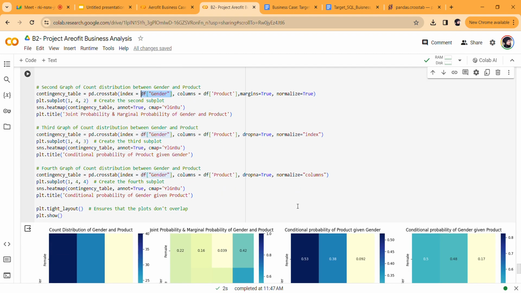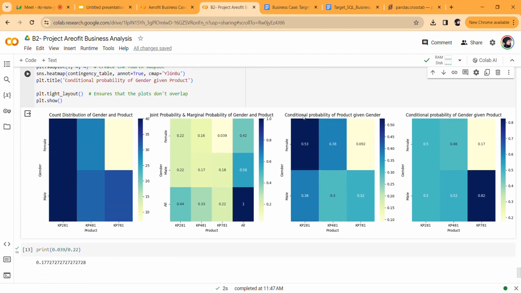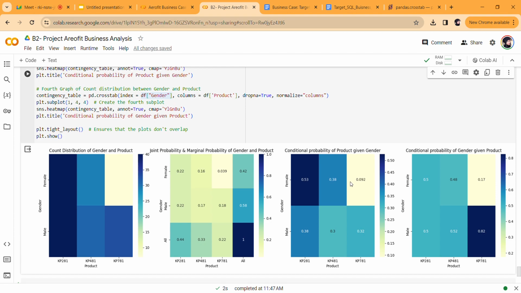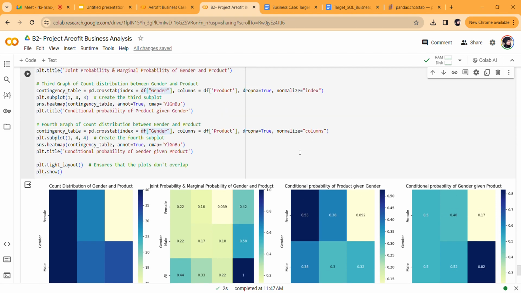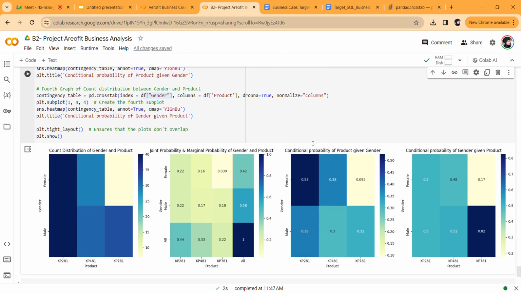In the third graph we have the conditional probability of product given gender. So you have to specify in the code on what basis you want the conditional probability, whether gender is already given or the product is already given. That you do in the normalization part. If you set normalize is equal to true, it will create the joint and the marginal probability.